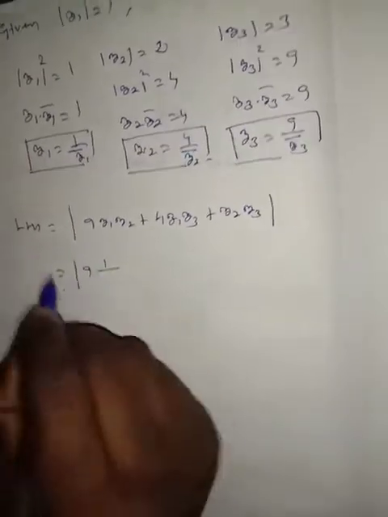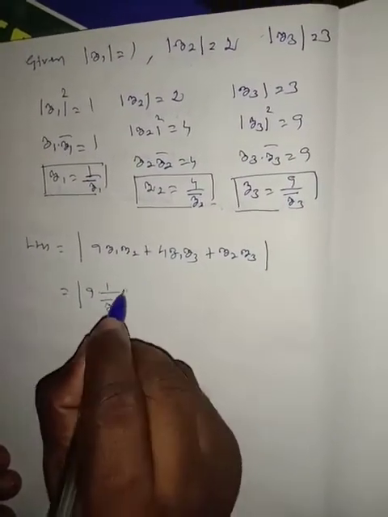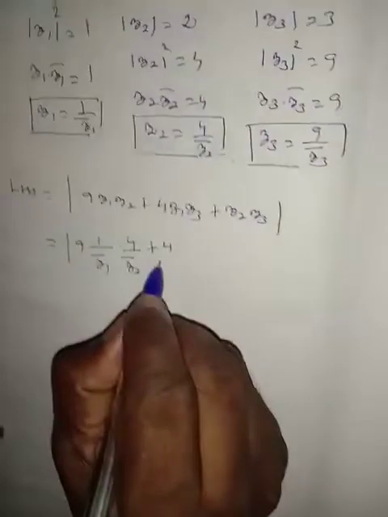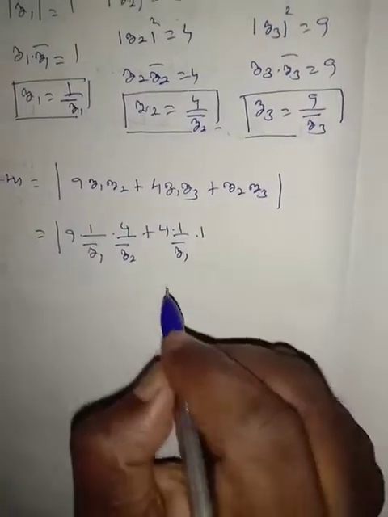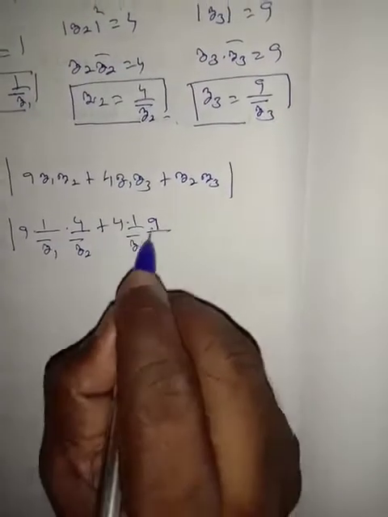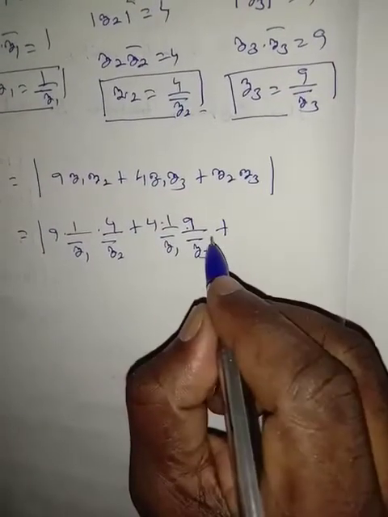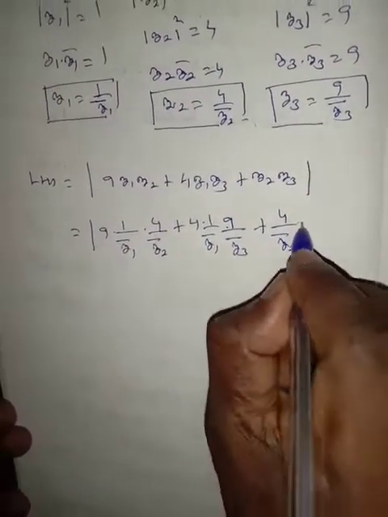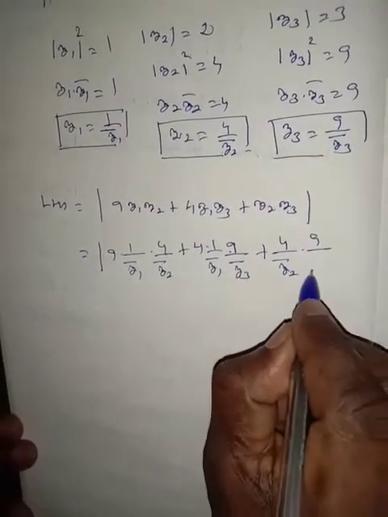Substituting, Z1 is 1 by Z1 bar into Z2 is 4 by Z2 bar, times 9, plus 4 into 1 by Z1 bar into Z3 is 9 divided by Z3 bar, plus Z2 is 4 by Z2 bar into Z3 is 9 by Z3 bar.